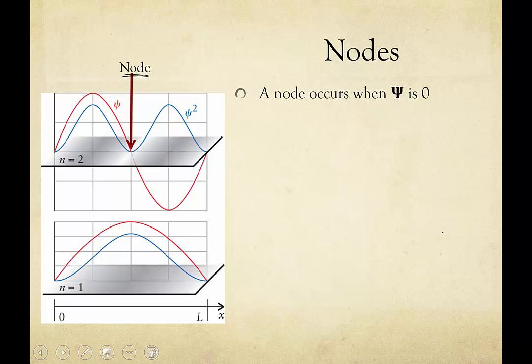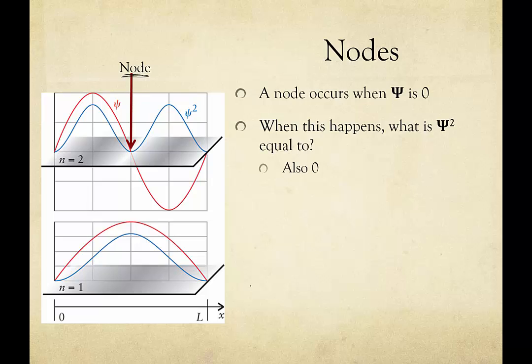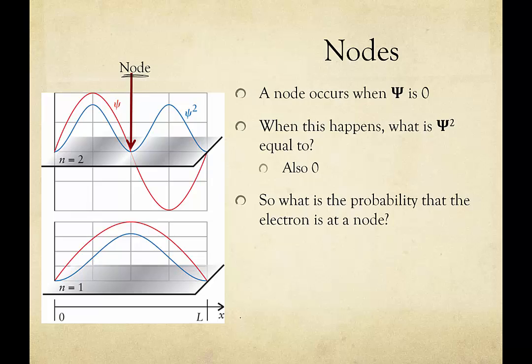It occurs when psi is 0. And remember, this is the only part of this video I'm testing you on, so you will be expected to know it, and you will be expected to expand it when we get to the hydrogen atom. So this happens when our psi is equal to 0, which makes our psi squared also equal to 0. And I've said this a couple of times already, but what does that mean about the probability that the electron is at a node?